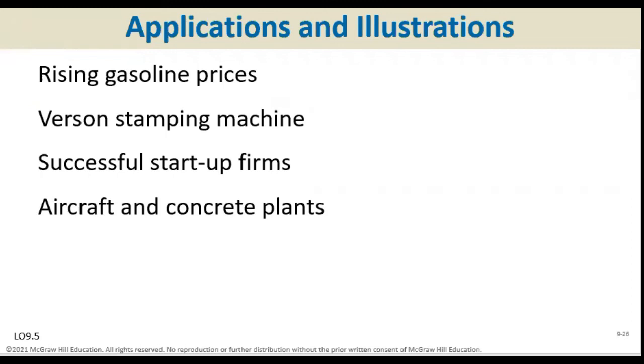Right? They require only a few production plants because they have that extended economy of scale. If you compare it to concrete plants, they require small scale production, right? Therefore, there are thousands of those concrete plants.